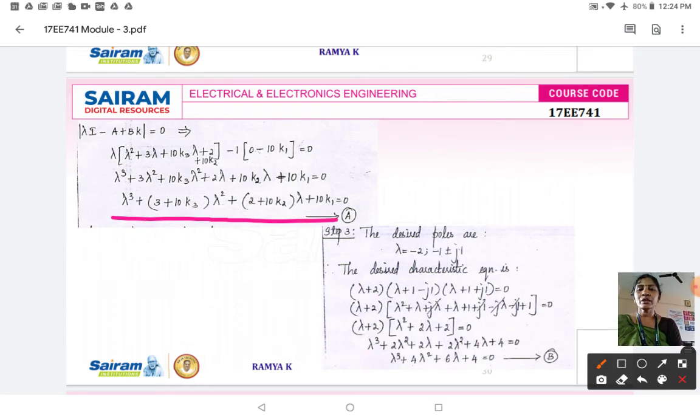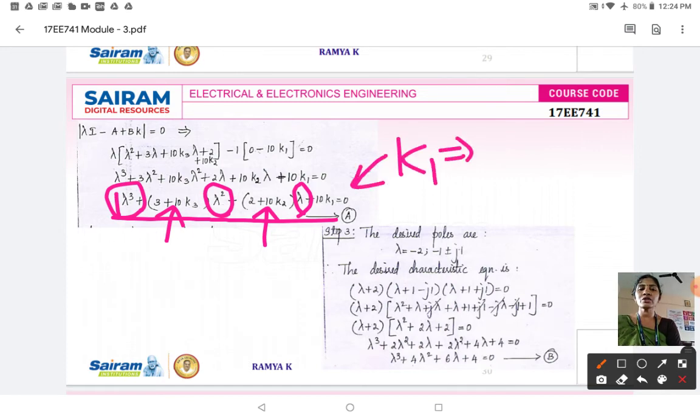It means that the constant associated with lambda cube is going to be 1, and the constant associated with lambda square is going to be 3 plus 10k3, and the constant associated with lambda is going to be 2 plus 10k2, and the constant term is going to be 10k1.